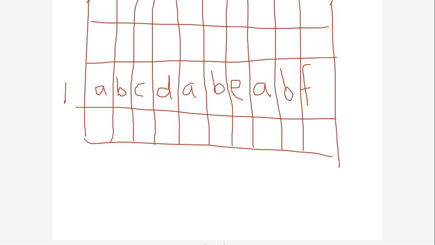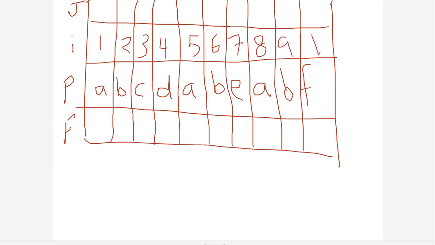Now this is P, this is function F, this is the index I, and this is J. So the index I goes from 1, 2, 3, 4, 5 till 10, and the index J starts from 0, 1, 2, 3, 4, 5, 6, 7, 8, and 9.